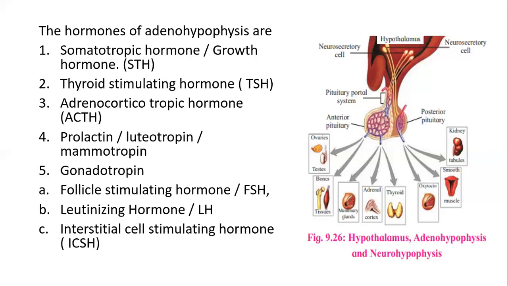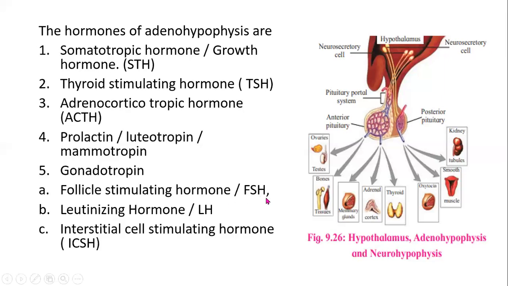Then come to the next hormone, that is gonadotropin. This gonadotropin having the parts, that is follicle stimulating hormone, which is also known as FSH. It stimulates the growth of ovarian follicle in the female, while in male it is concerned with the development of seminiferous tubules.